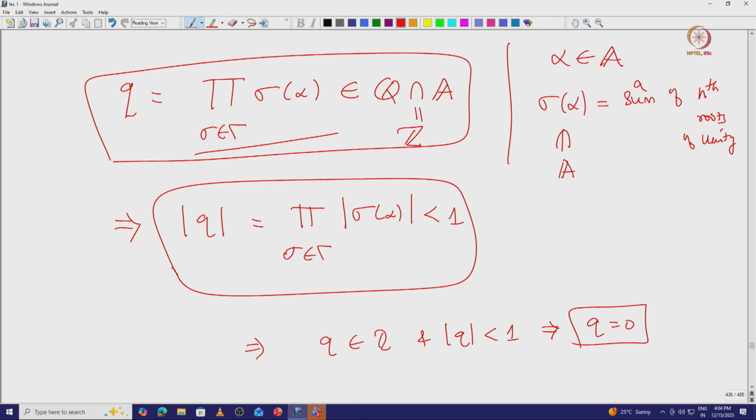Since q is 0, that would imply that there exists sigma in Gamma such that sigma of alpha equals 0. Now, since sigma is an automorphism, that would immediately imply that alpha is 0. So, this is what we wanted to prove.